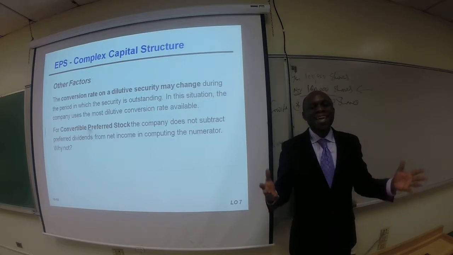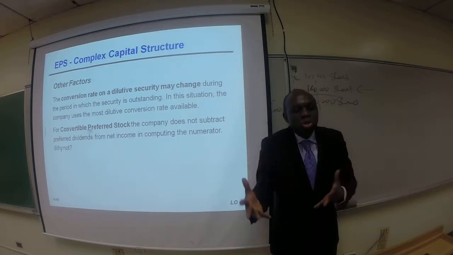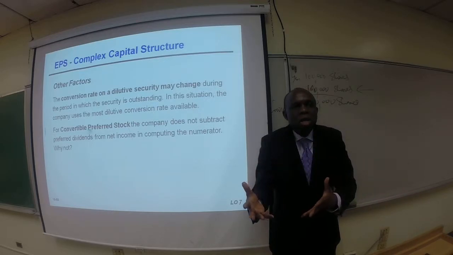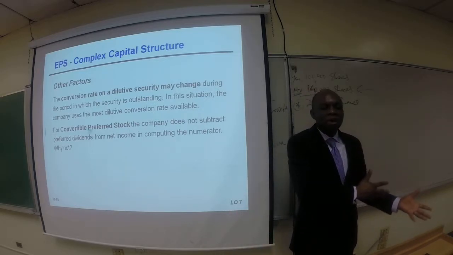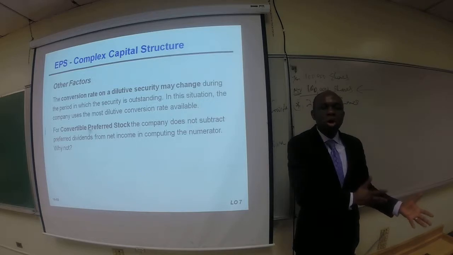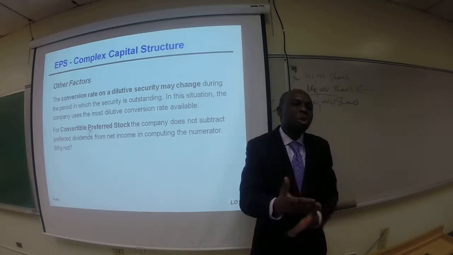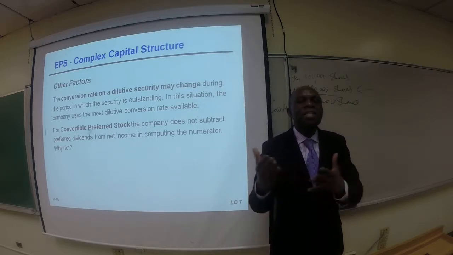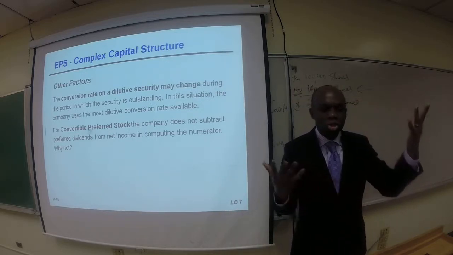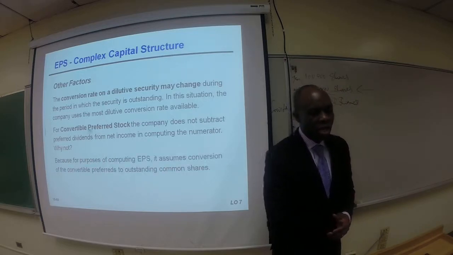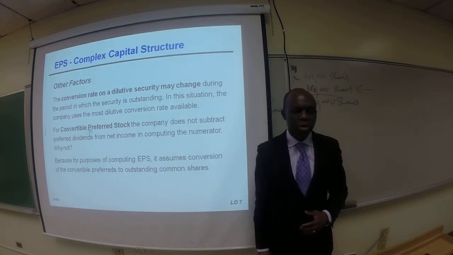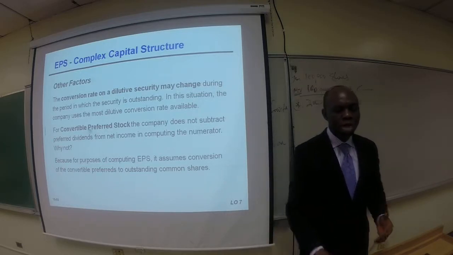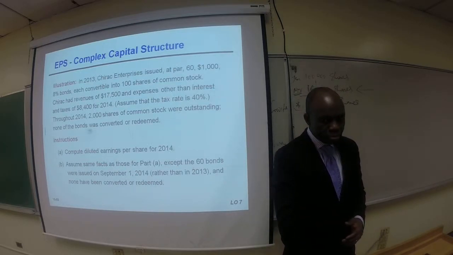Because if the assumption is that the preferred stock is converted to common stock, then there is no basis for subtracting preferred dividends from net income in the numerator. For purposes of computing diluted EPS, it assumes conversion of the convertible preferred to outstanding common shares.